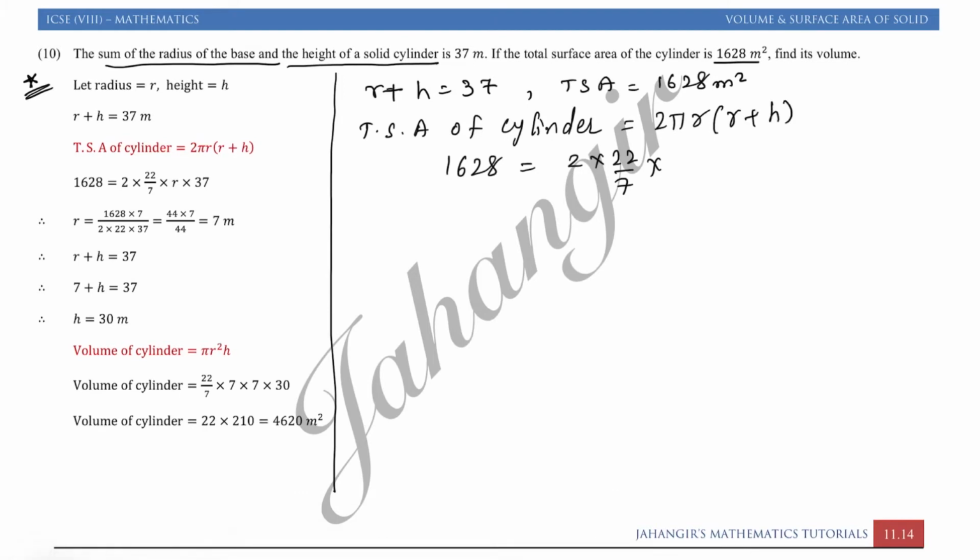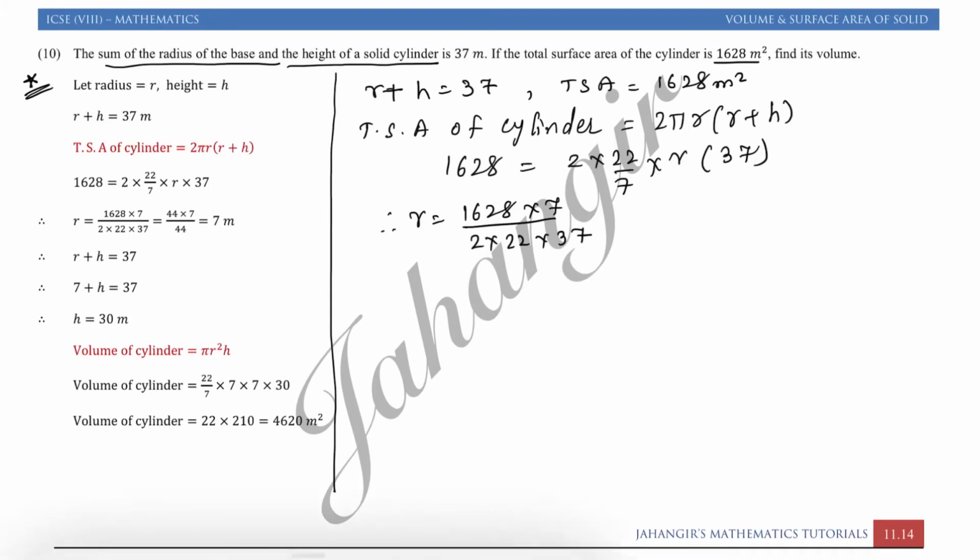So into 7 into r plus h, which is given as 37. So what we will do, we cannot cancel anything, we will just cross multiply. So r is equal to 1628 into 7 upon 2 into 22 into 37.